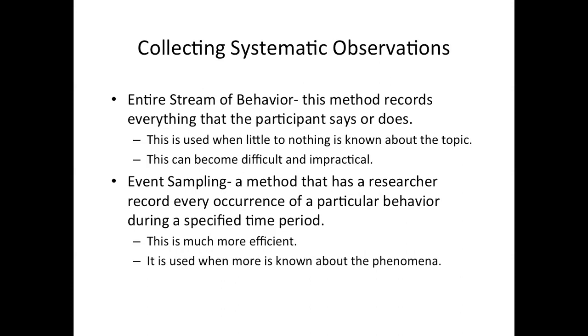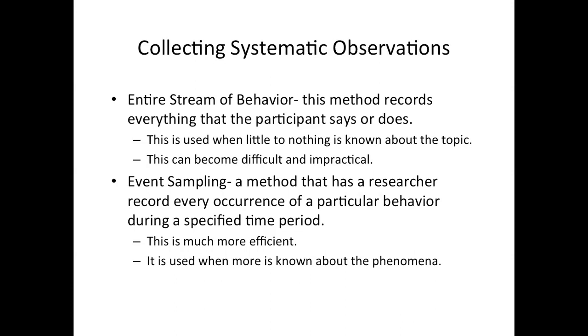And one of the things that some people use to help with this issue of the difficulty is to use cameras, whether they be visible cameras or hidden cameras. That allows you to collect data and rewatch the tape and make notes on the things you might have missed. But even if you have a video recorder, it still is impractical.